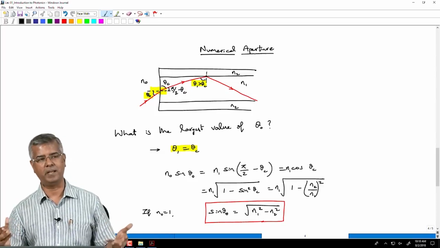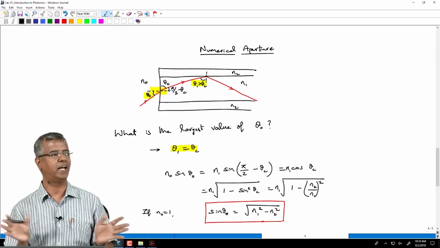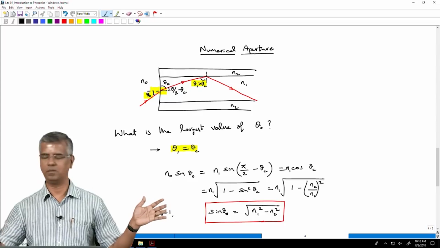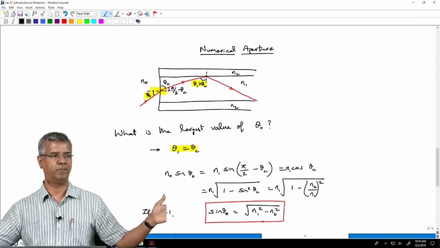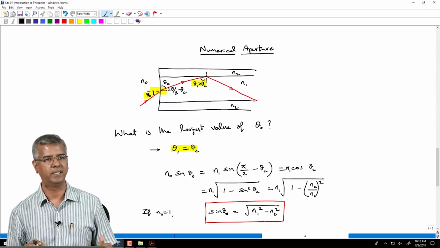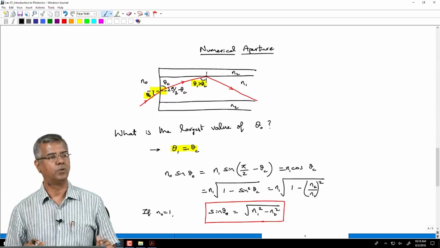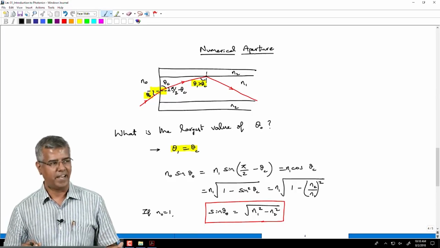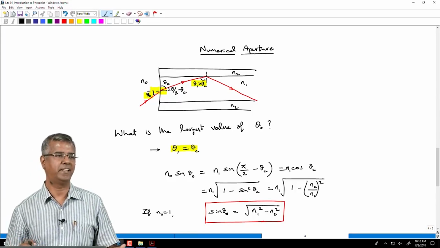What do you want from an endoscope? Normally you want a very large field of view, so you can see things on either side over a fairly long angular spread. So how is that enabled as far as the structure is concerned? N1 has to be much greater than N2.